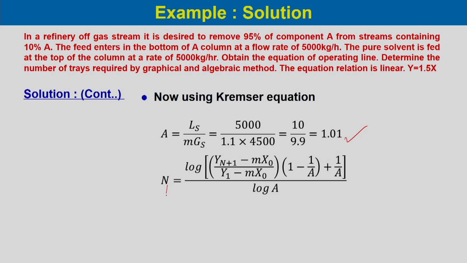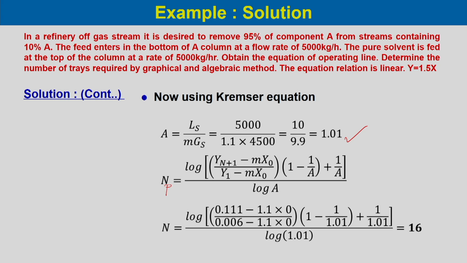Now, the number of stages NP would be equal to log of [(y NP plus 1 minus m x naught) divided by (y 1 minus m x naught) into (1 minus 1 by A) plus 1 by A]. If we substitute the values, where x naught is 0, y 1 we have calculated as 0.006, and the absorption factor we have calculated, we obtain 16 stages required for this separation.